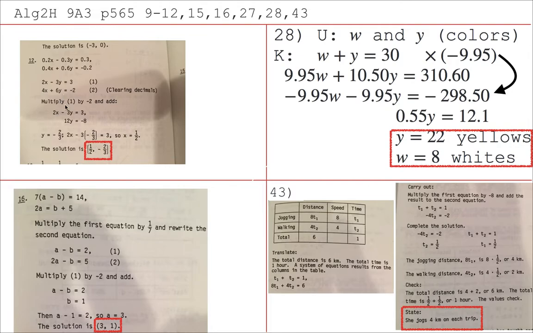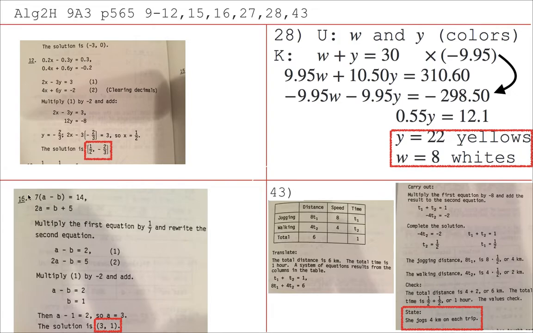So you multiply by -2 and then add, and you get 12y is equal to -8. Then you can divide both sides of the bottom equation by 12, and you get y is equal to -2/3. Plugging -2/3 back into the other equation, you get x equals 1/2. So there's the solution.